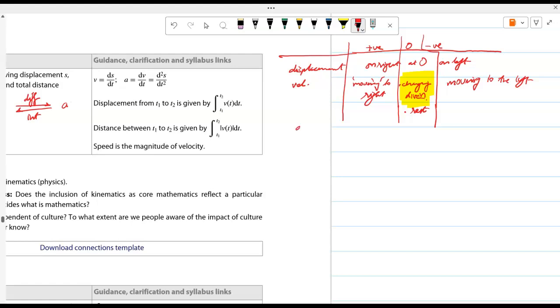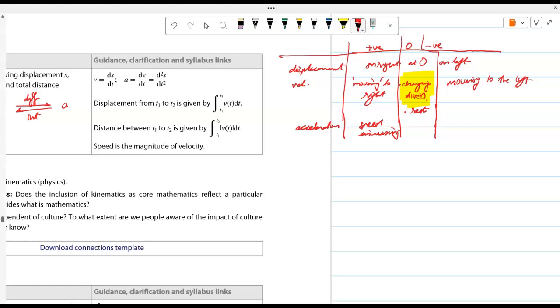Okay. Acceleration. Acceleration positive means the velocity of the body is increasing, or the speed is increasing, to be precise.